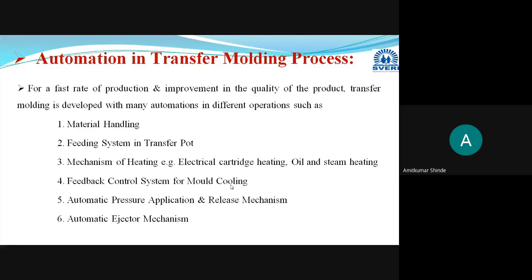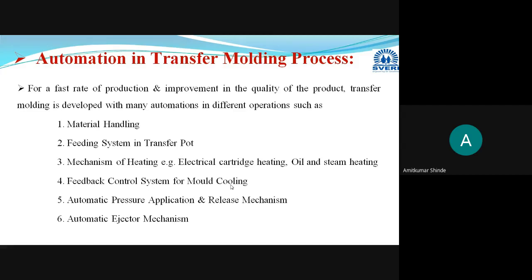Then in the next stage we are doing mold heating. For this mold heating, we can use heating mechanisms having certain automations. Here we can use electrical cartridge heating or oil or steam heating. Then in the mold cooling process, we can use a feedback control system, where changes can be done automatically as per the feedback.